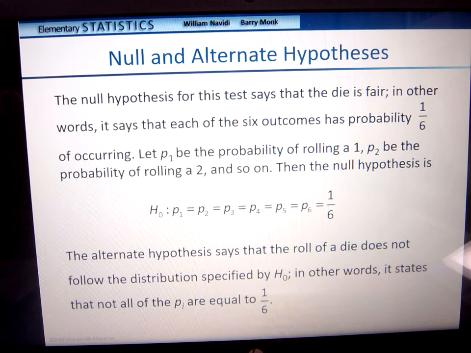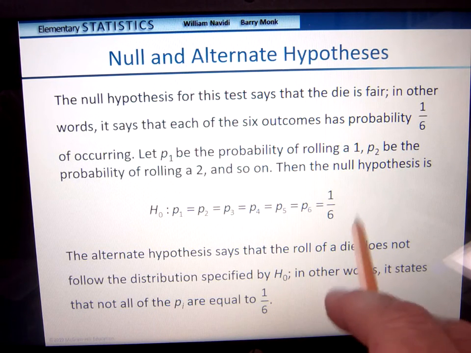The null hypothesis for this test says that the die is fair. So we're saying that each outcome has a probability of 1/6 of occurring. We're going to let p sub 1 be the probability of rolling a 1, p sub 2 of rolling a 2, etc. All of these are equally likely: 1, 2, 3, 4, 5, 6. They are all 1/6.